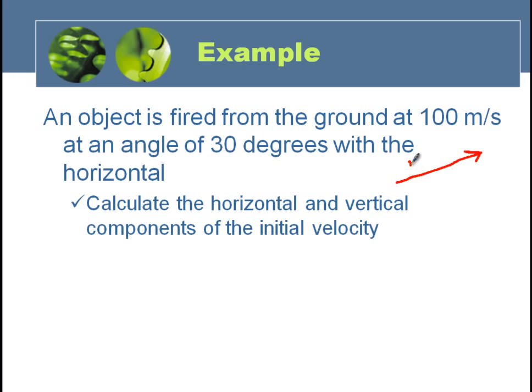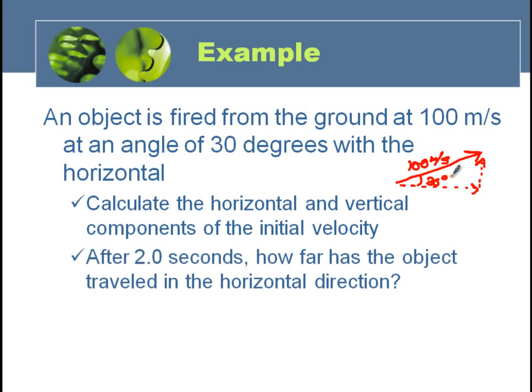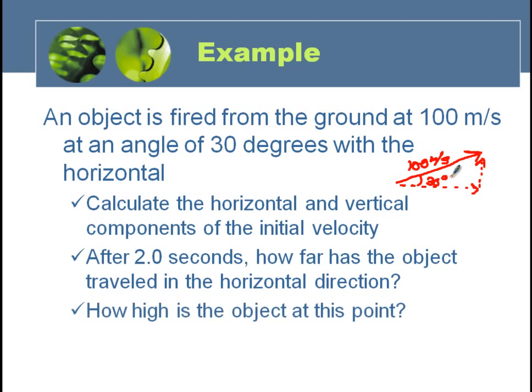So we're launching it at 100 meters per second, and it makes an angle of 30 degrees with the horizontal. After we do that, we're going to find out how far the object has traveled in the horizontal, the x direction, after 2 seconds. And we're also going to find out how high the object is at this point.